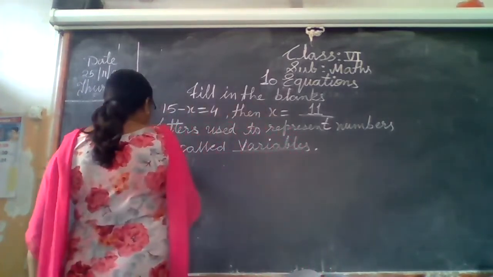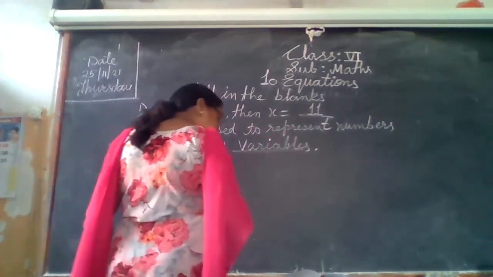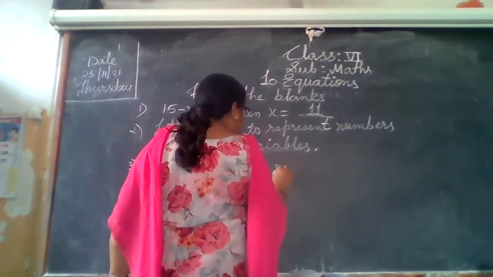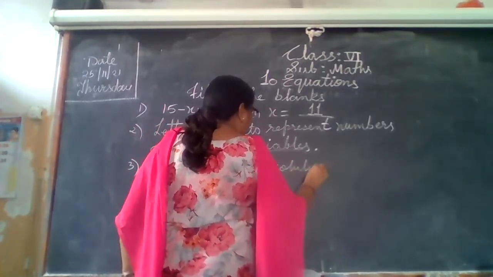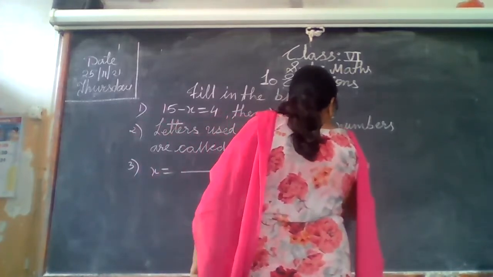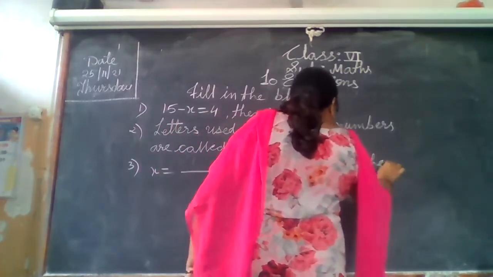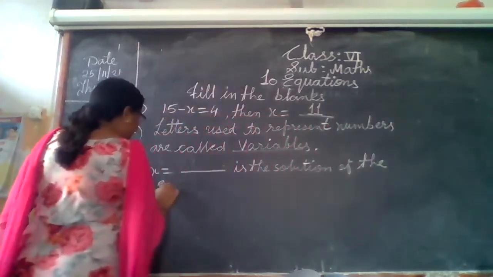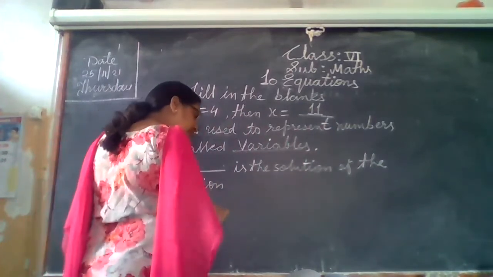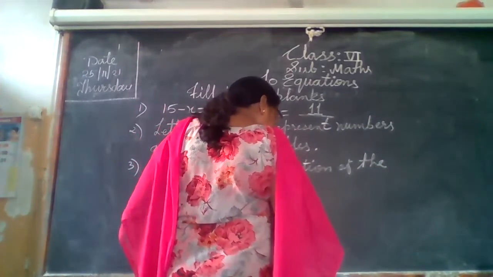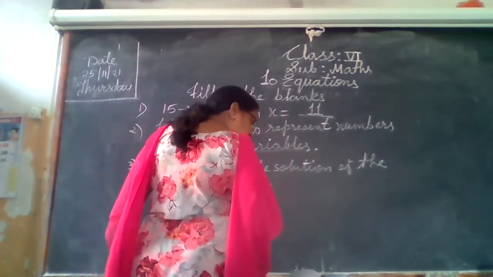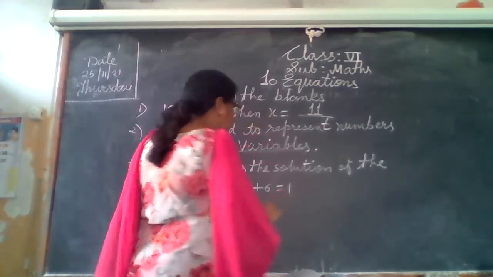X equals to dash is the solution of the equation 2x plus 6 equals to 11.